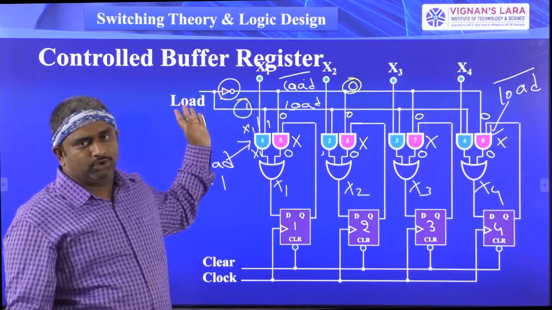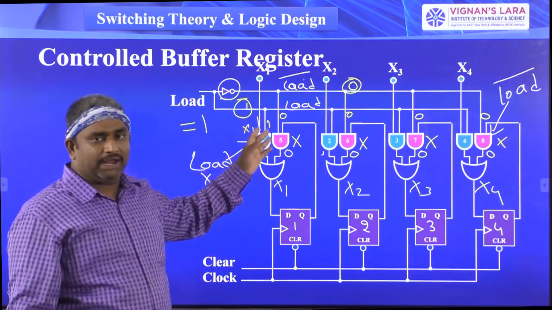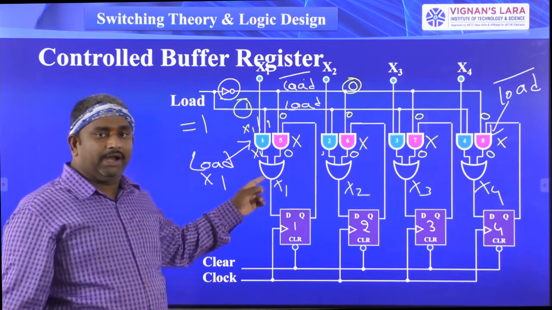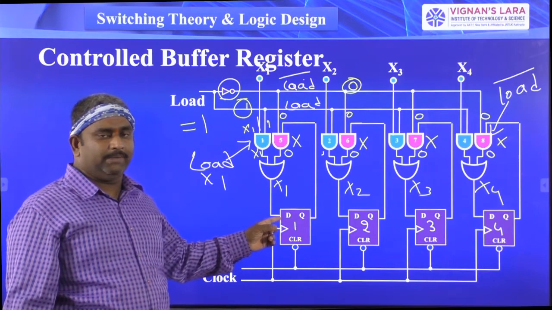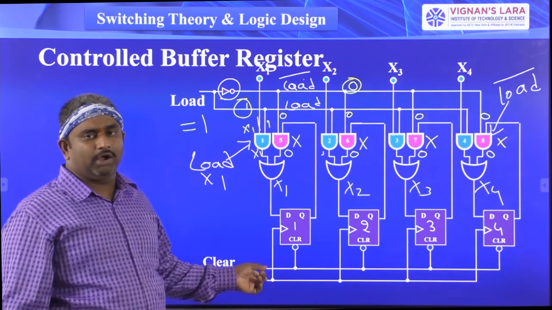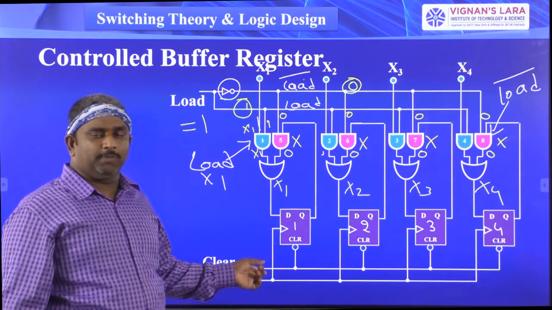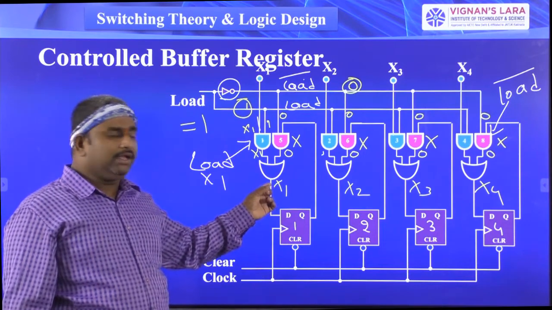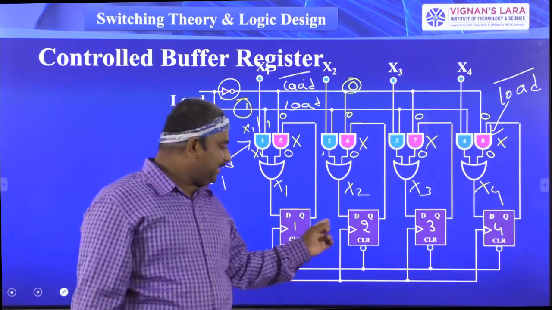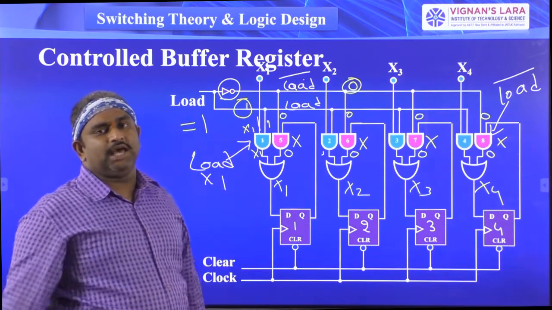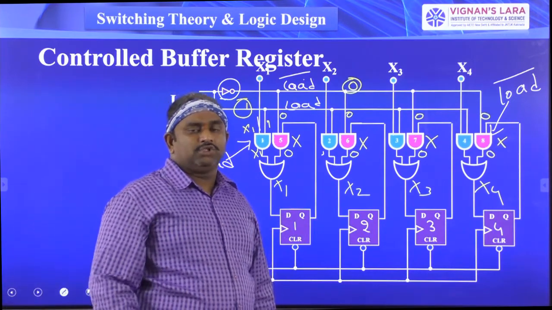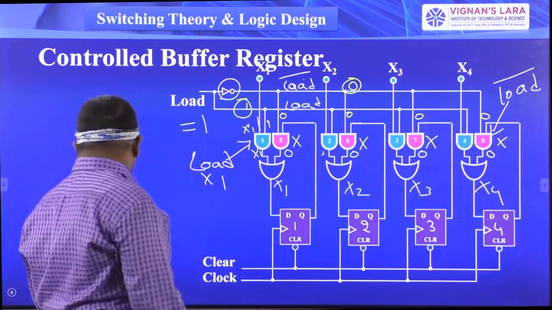Whenever load is equal to 1, x1 goes to the D flip-flop input. At that time you have to give the clock input. Whenever the clock input is given, automatically the x1 value is present at the output. So this is the load equal to 1 operation. Next, the load equal to 0 operation.